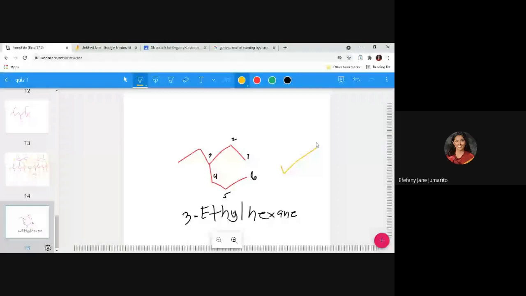Now, what about the condensed structure? It has 6 carbons there. So let's write 1, 2, 3, 4, 5, 6. At the third carbon.